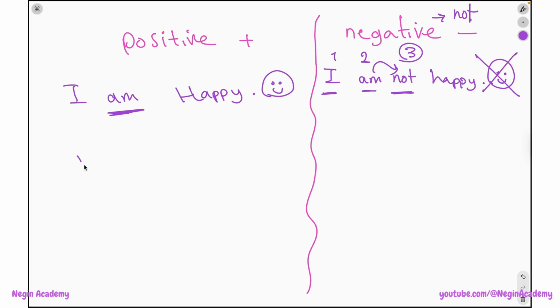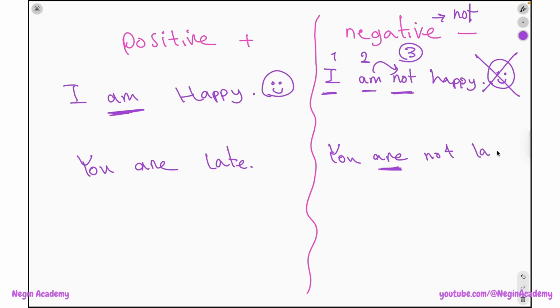For example, next example, you are late. For example, you were supposed to come at 1 o'clock, but for instance, you arrived at 1:30, so you are late. How should we make it into a negative sentence? Again, we have to use not after the to be verb.